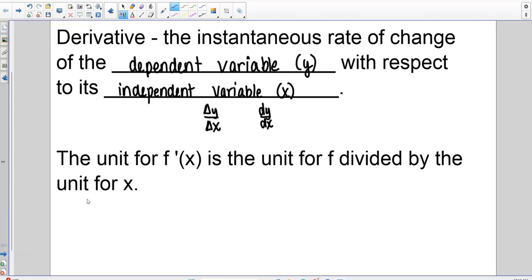So when we're talking about the units for a derivative, the unit for f prime is going to be the unit for f divided by the unit for x. Or you could think the y-axis units divided by the units for the x-axis. Change in y over change in x.